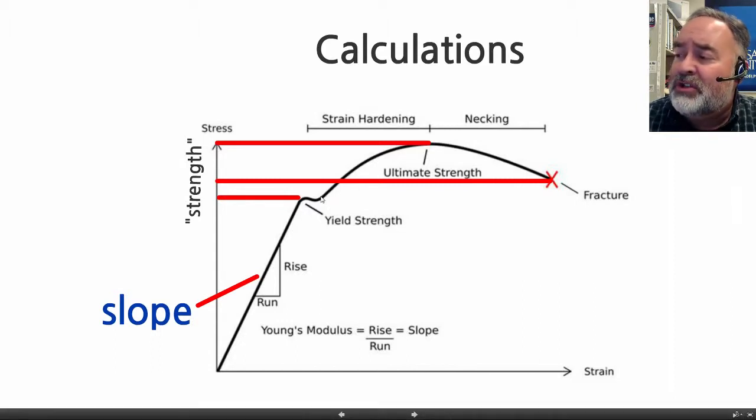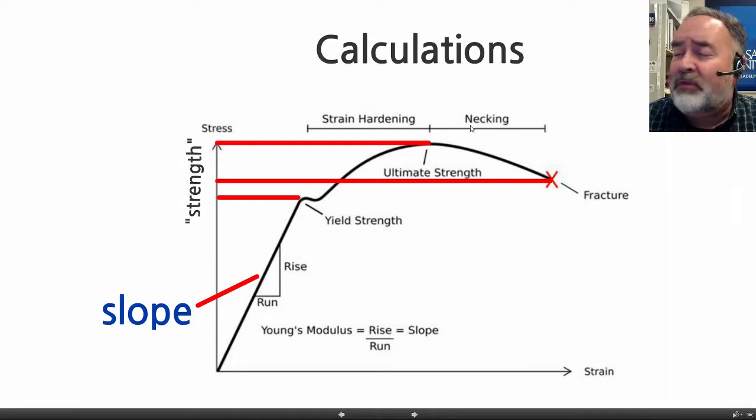So this region where it continues to yield and is not linear, but continues to increase, we call that strain hardening. And then over here you'll notice that this thing is starting to fall back down. Even though we're pulling it and it's getting longer, it's getting weaker and weaker as we go.